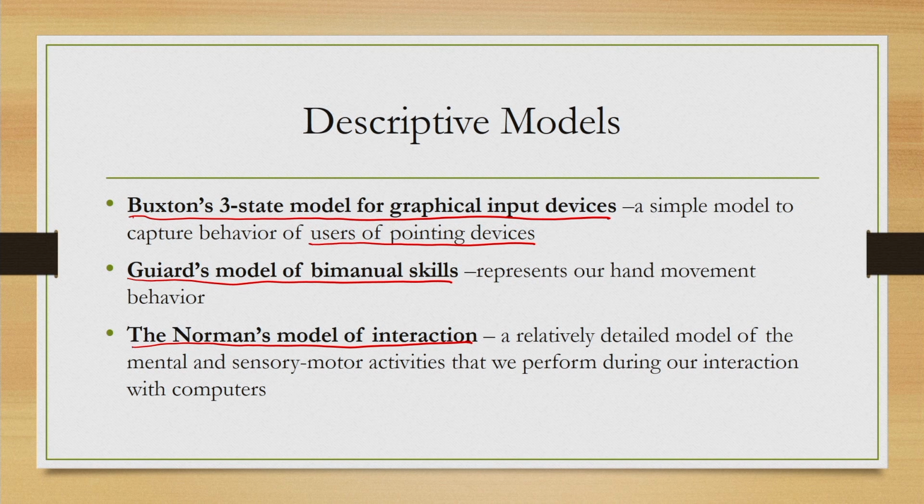Now, the 3 models, the Buxton's model is the simplest, Guillard's model is slightly more complicated than Buxton's model, and the Norman's model is more complicated and detailed than the Guillard's model. So, in that way we will get an idea of how these models differ in terms of complexity. Let us discuss these models one after another.